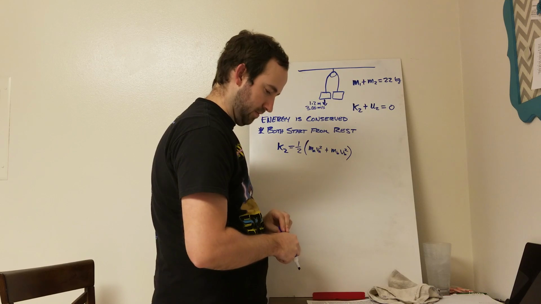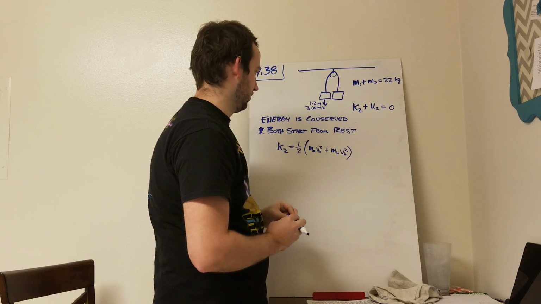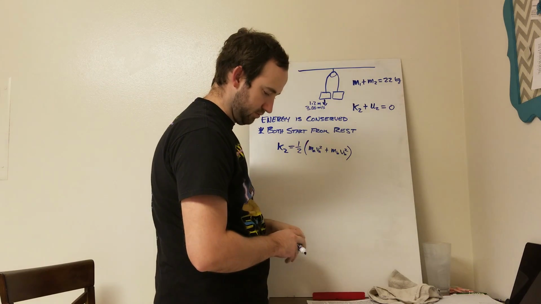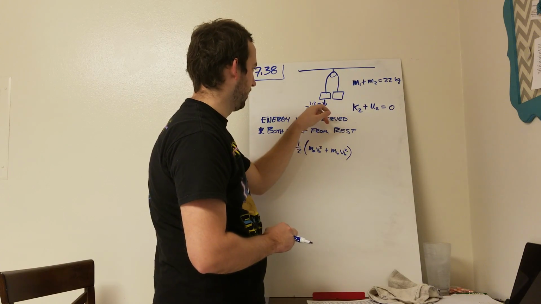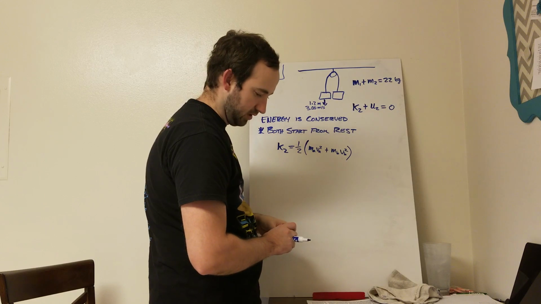So now what we can do is plug in the values that we have, because we know that the movement is 3 meters per second.